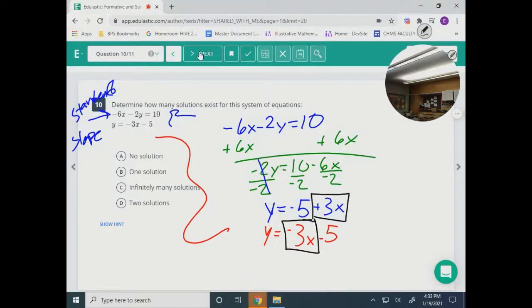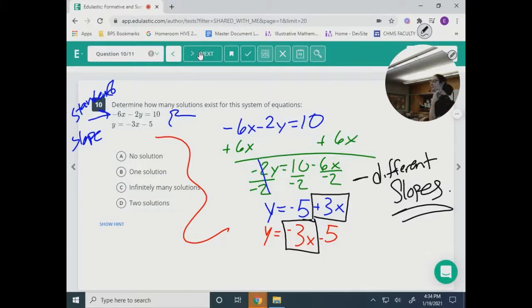Compare our slopes. They are different slopes. When we have different slopes, you don't need to do any more work. When they have different slopes or different coefficients, we're going to have a one solution type deal here.